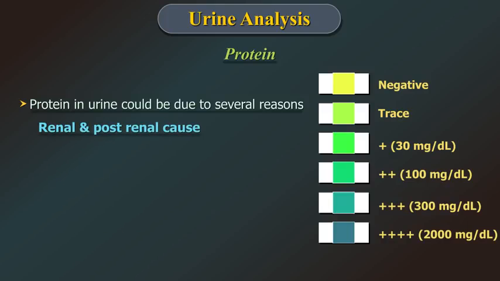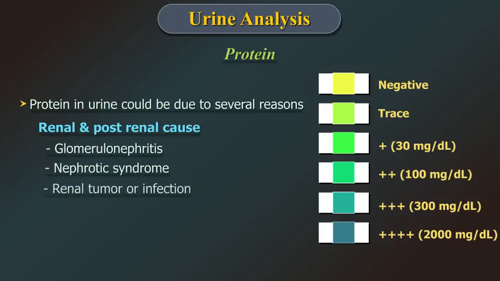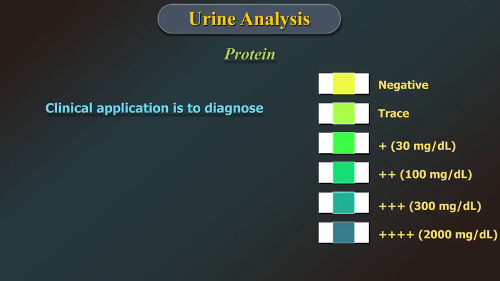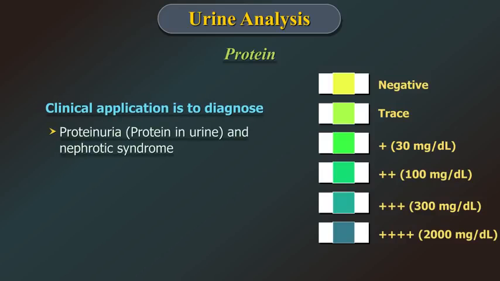Renal and postrenal causes as found in glomerulonephritis, nephrotic syndrome, renal tumor or infection, cystitis or urethritis. The clinical application is to diagnose proteinuria and nephrotic syndrome.